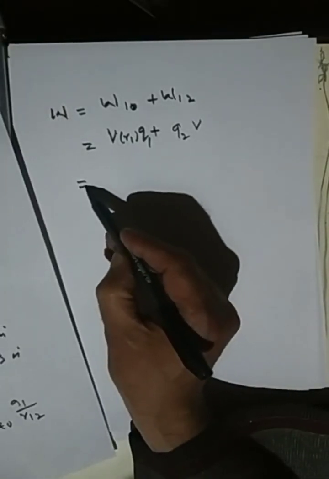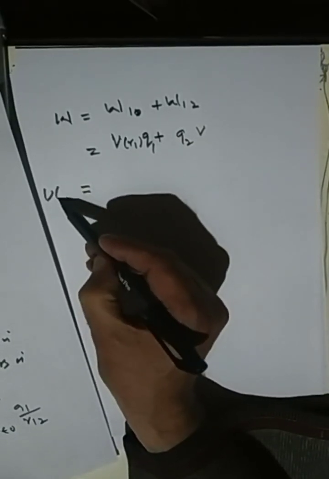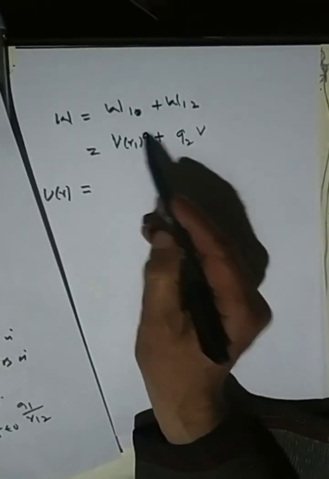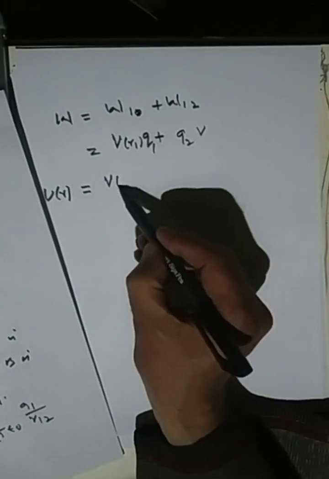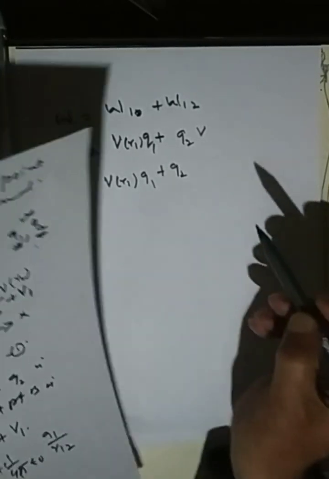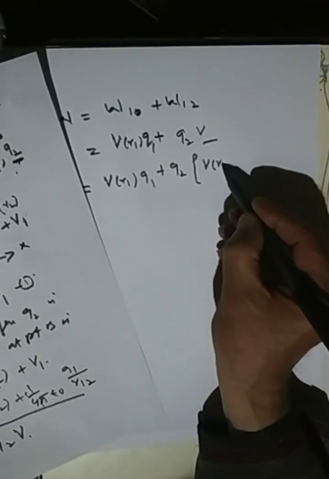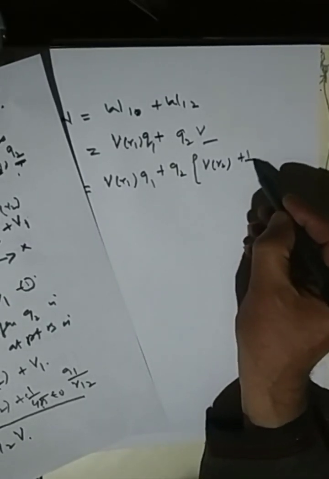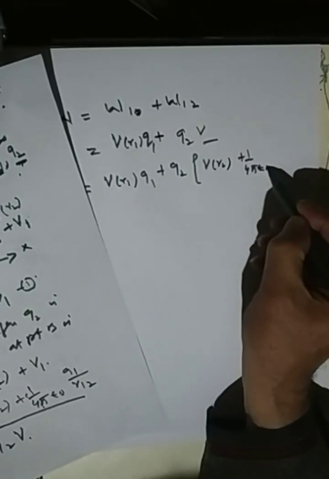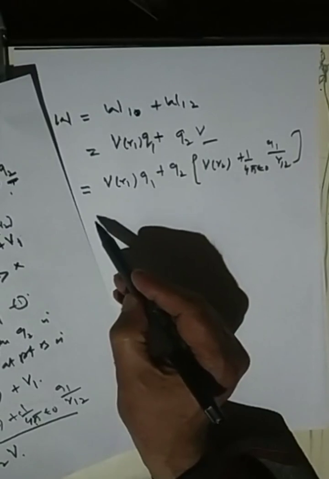Now this whole work done is stored as potential energy. We will write it as U. So it will be V(R1) Q1 plus Q2 V. Substituting the value of V, it will be V(R2) plus 1 by 4 pi epsilon 0 Q1 by R12.